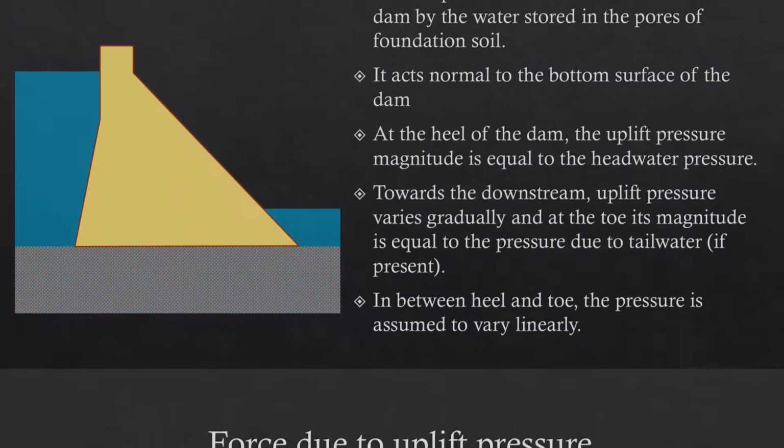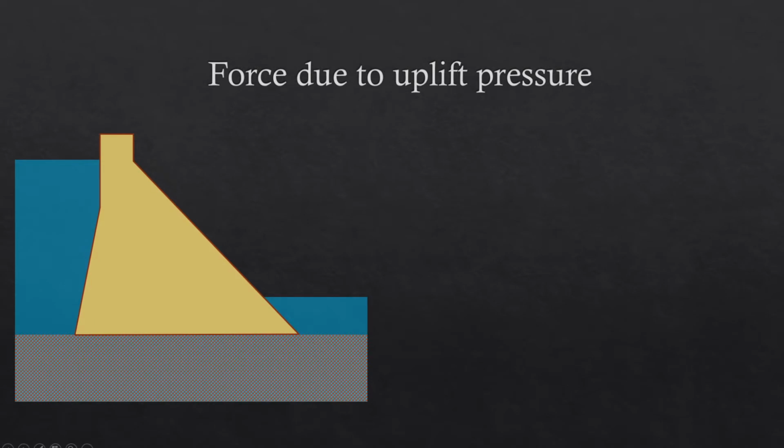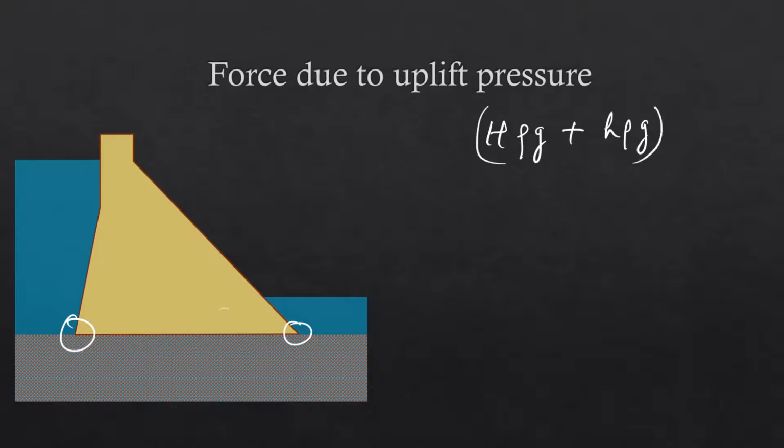Then comes the force due to uplift pressure. To calculate the actual force because of uplift pressure, just like in the previous case, the pressures at the two extremes, that means at the heel and at the toe, are given as H rho G and small h rho G. If you take the average of these two, that will be the average pressure.